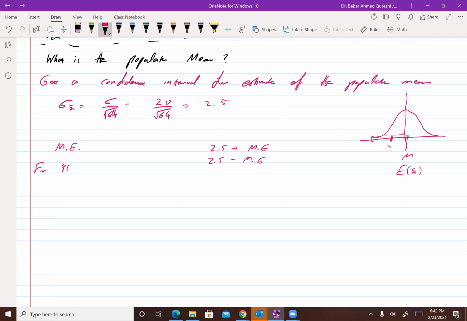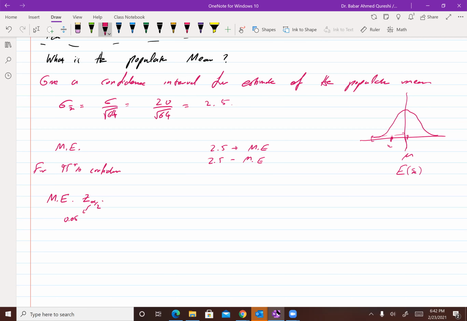So for 95% confidence, we computed that here we have to put in the standard values of the standard normal, where alpha in this case is 0.05. So the critical value of z, which gives you a probability of z being greater than 0.025.